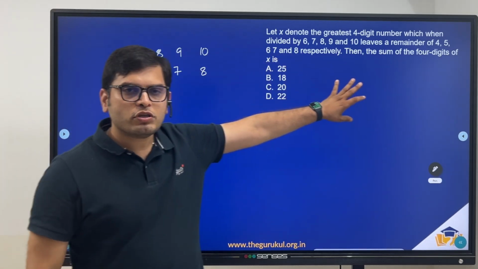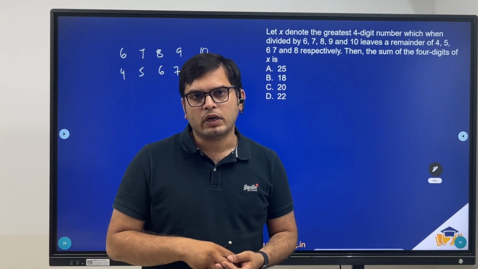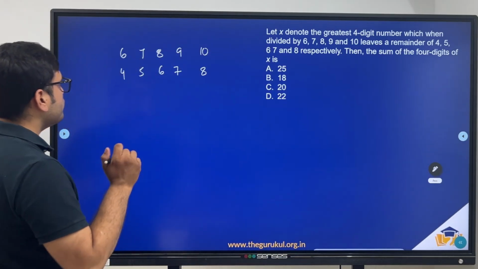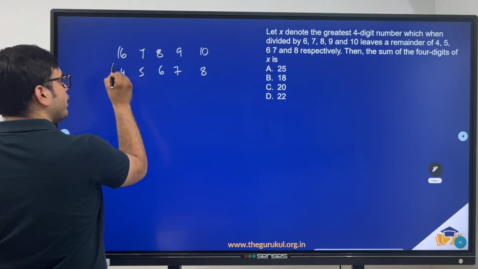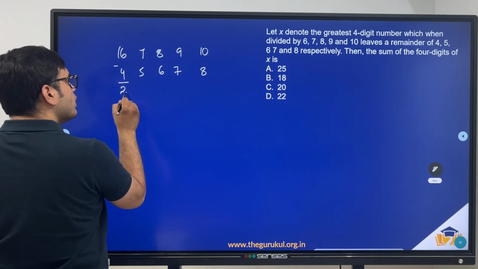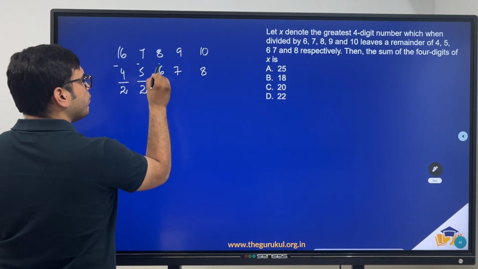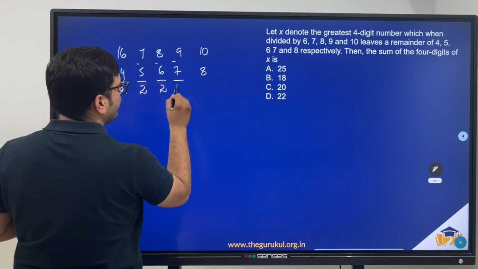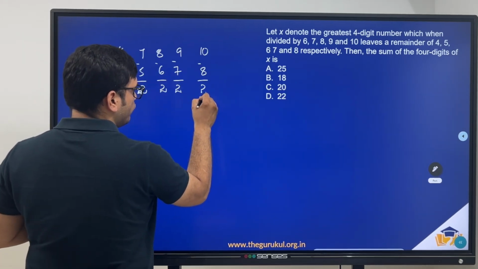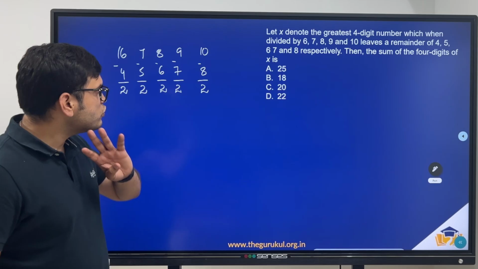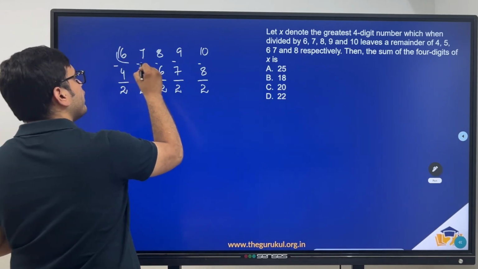So this question is based on one of the models of LCM. Now, if you observe, the difference between the divisor and remainder is the same. 6 minus 4 is 2, 7 minus 5 is 2, 8 minus 6 is 2, 9 minus 7 is 2, and 10 minus 8 is 2.